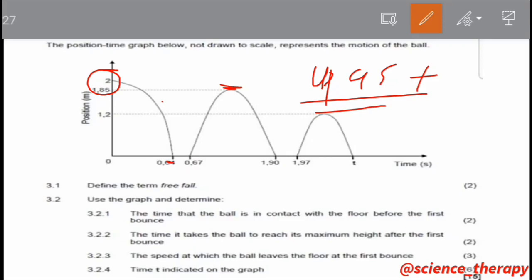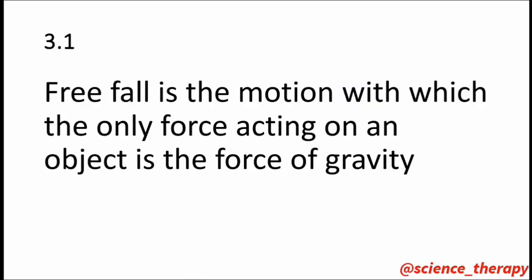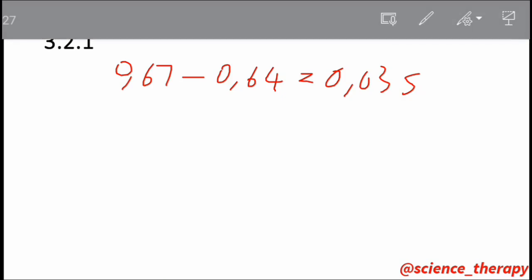So in a position versus time graph, these gaps indicate the contact time with the floor or the ground. That's what we are looking for here, the time the ball is in contact with the floor. So to answer that, we have 0.67 minus 0.64, which gives us 0.03 seconds, right?